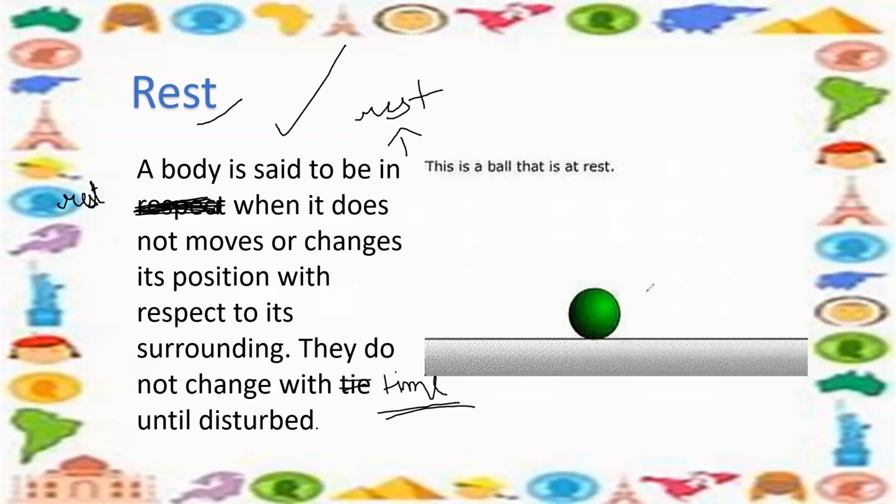You can take an example: this is a ball, an object. Is it moving? No, it's not moving.